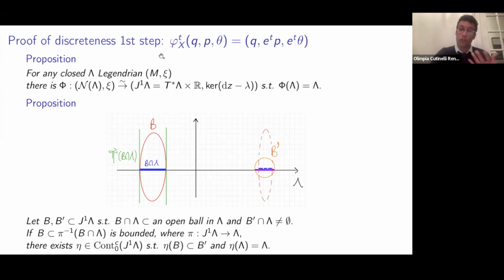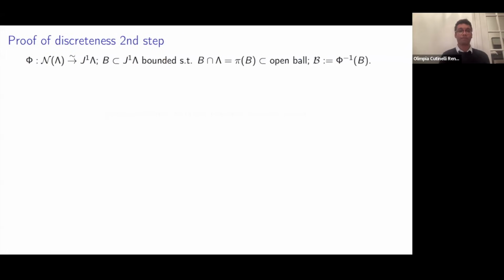So by composing the contactomorphism we constructed with this contactomorphism of the title, you can send B inside B prime. And you can make everything compactly supported because everything was contact isotopies and B was bounded. Okay, so these were the two propositions that were the most important to prove theorem B.